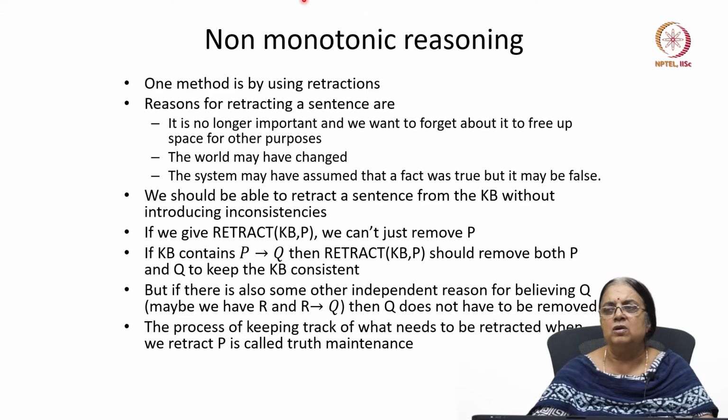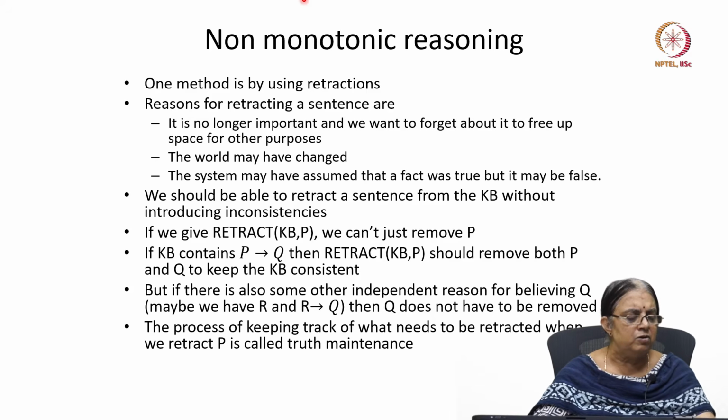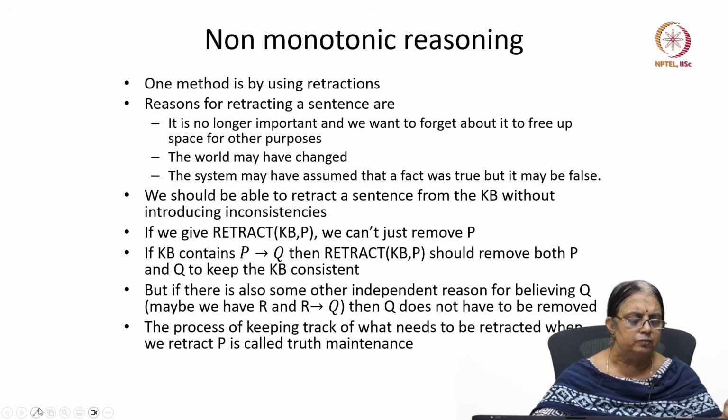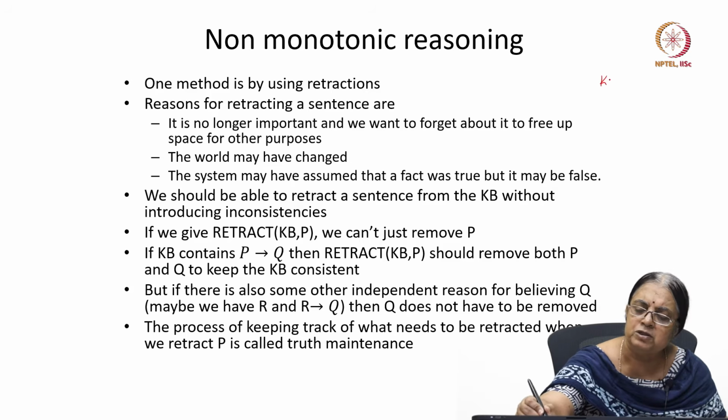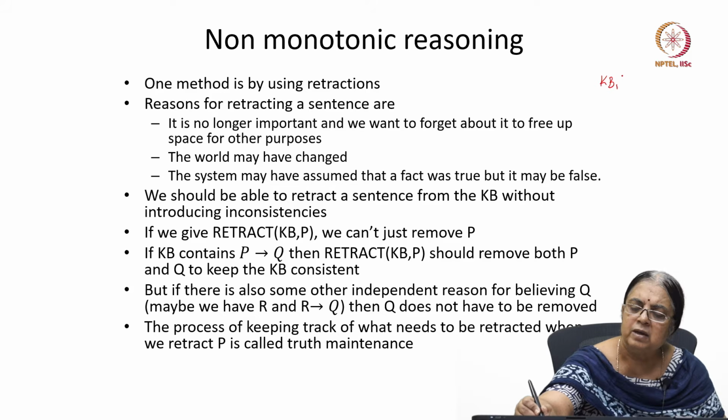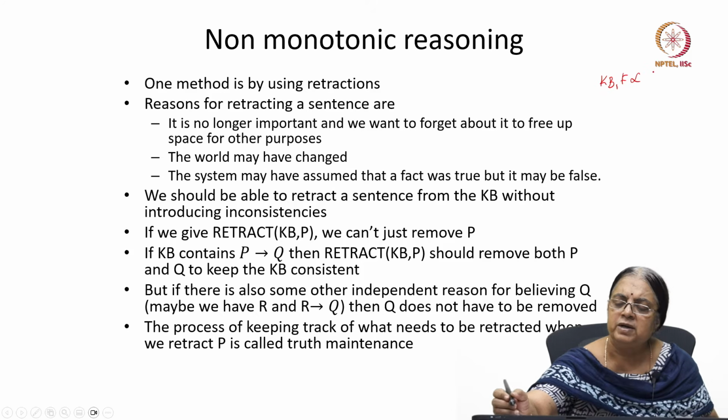Okay, so whatever we have done up till now works on what is called the monotonic reasoning, right? So when we say that a particular knowledge base 1 entails some sentence alpha, right?